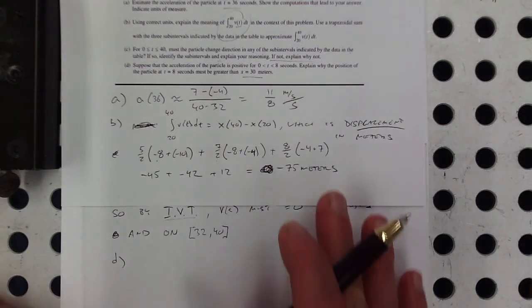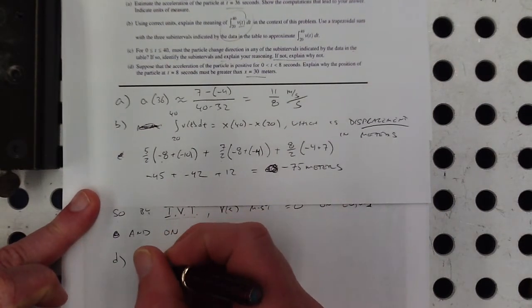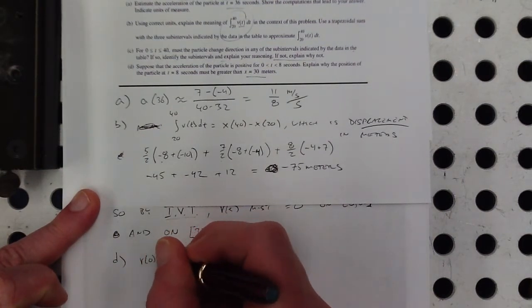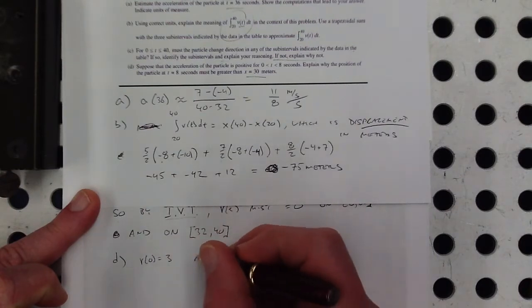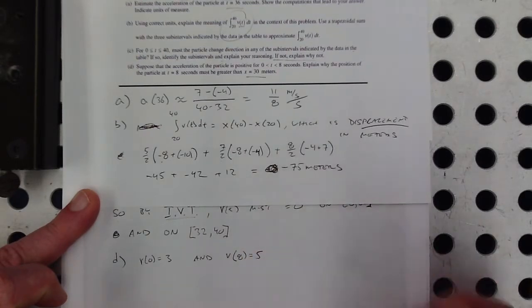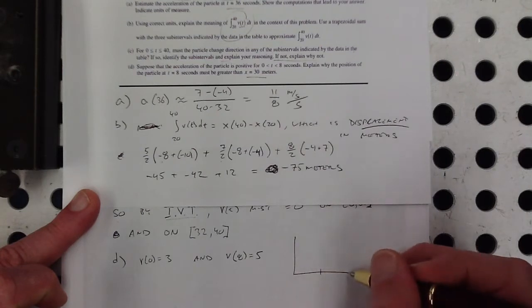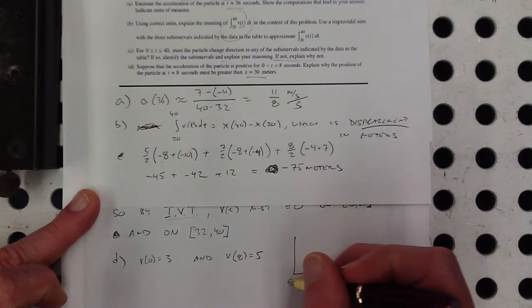Okay, if the acceleration is positive, v of 0 is equal to 3, and v of 8 is equal to 5. I'm going to make a little sketch for myself. Here's time 0, here's time 8.